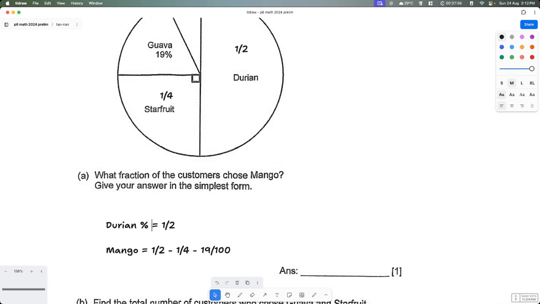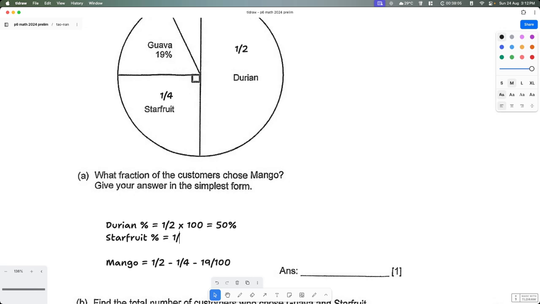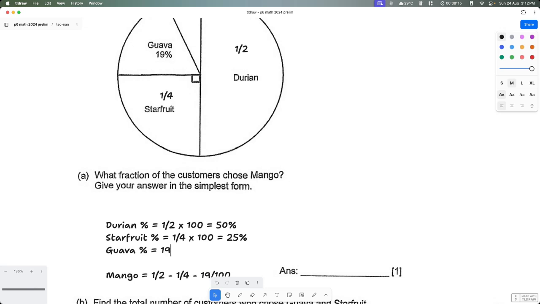Easier that way. Percentage half times 100 goes to 50%. Okay, and then star fruit percentage is equal to one quarter times 100, which is 25%. And then guava percent is equal to 19%. So that means we just minus everything, lah, right?